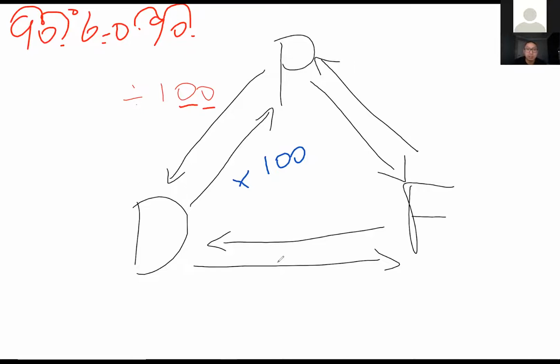Now, to go from a decimal to a fraction, whatever your decimal is, I'm going to use 0.9 as an example.